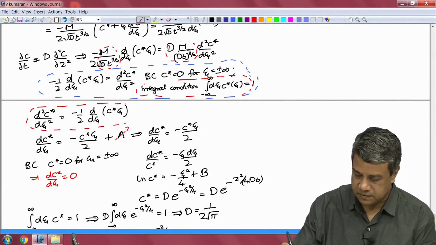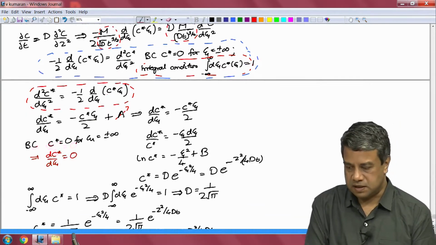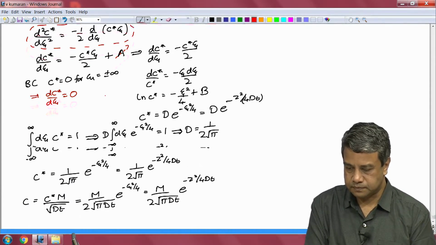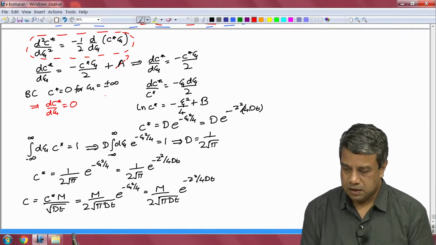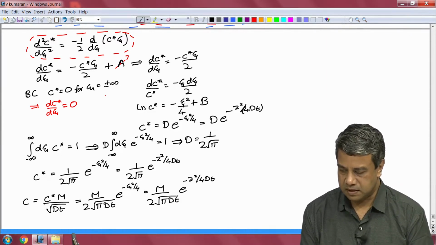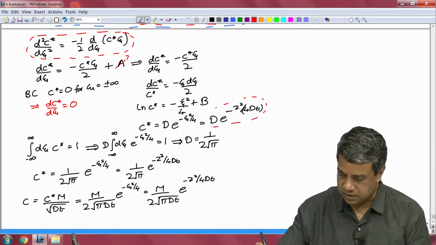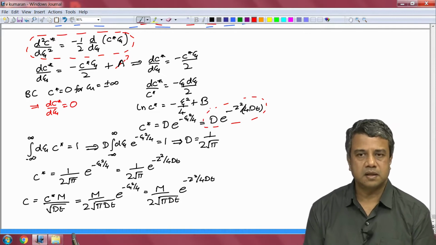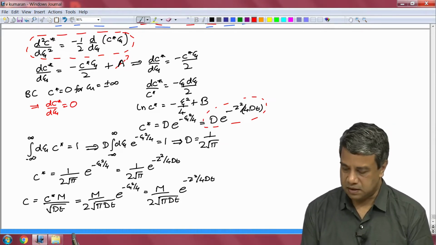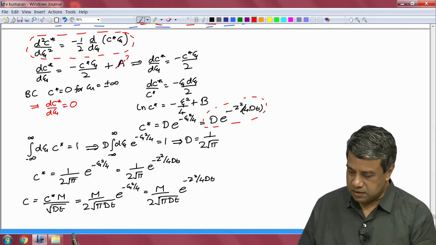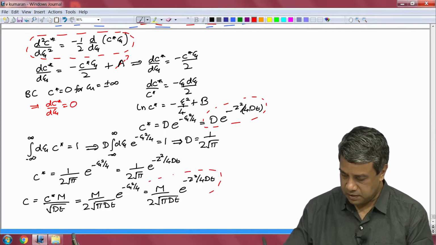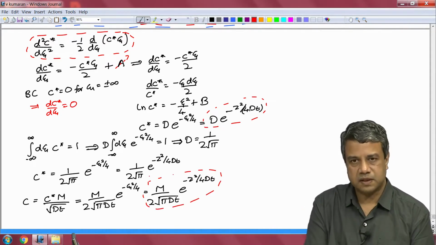We then solved the equation to get what is called a Gaussian distribution, and applied the boundary conditions and the integral condition to find the total concentration field.